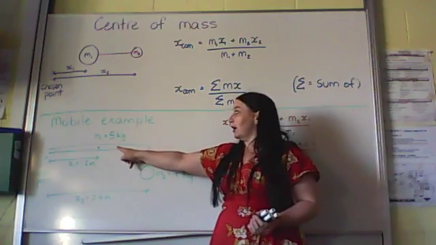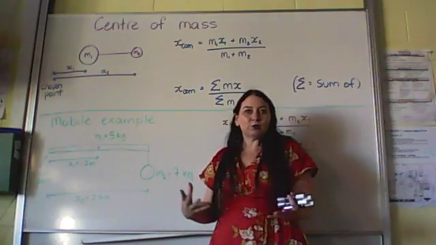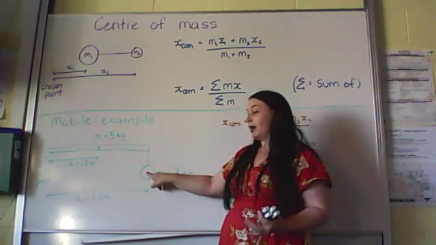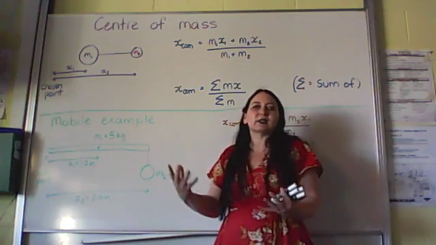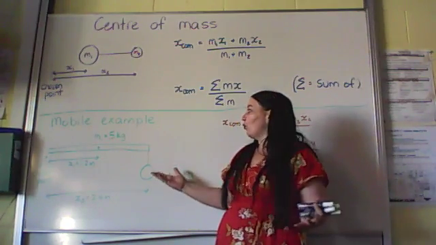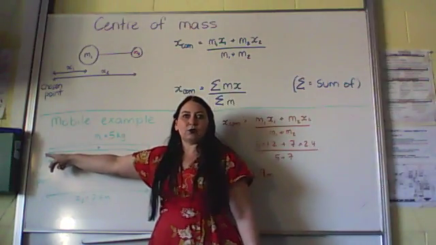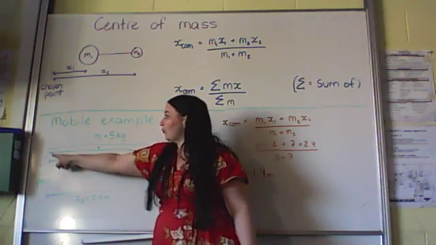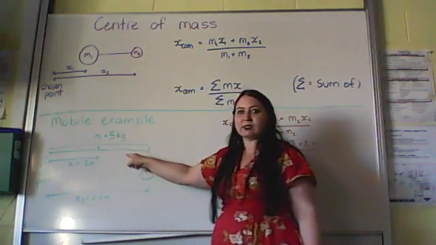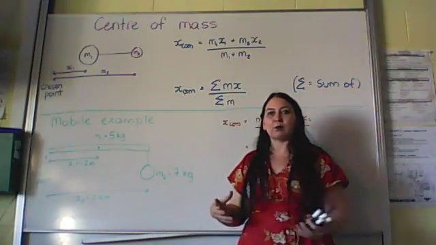We've got a rod. We know where the centre of mass is for that because it's a uniform object. We have a weight of some kind, a decorative, artistic thing. And we're saying, well, where is the centre of mass compared to the other end of the rod? So this is our chosen point. We're going to look for x along this distance here, a distance x from the chosen point to somewhere.